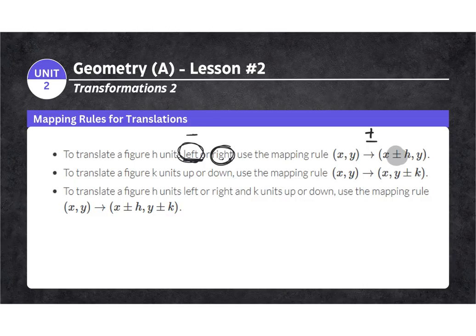If you were moving to the right, you would have a plus symbol. Very similar to your y value, if you were moving up, you would have a plus symbol in that spot. If you were moving down, you would have a negative. So that is why you have that plus or minus symbol.